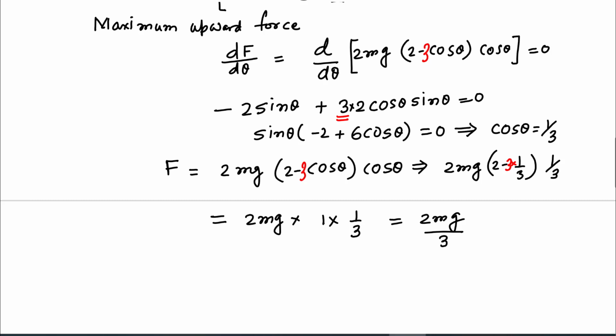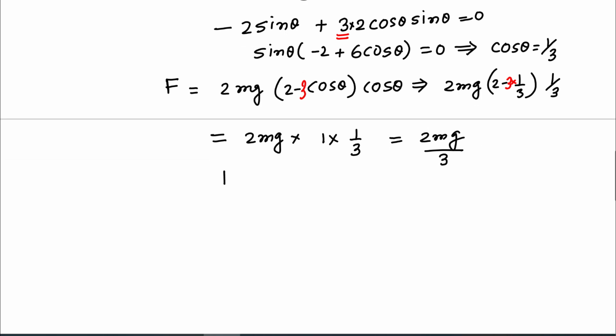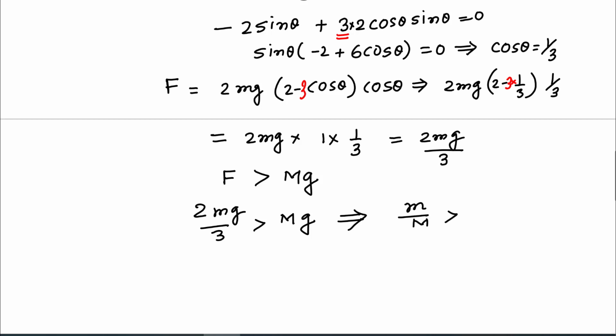Now to lift the hoop, what should we have? F should be greater than Mg, that is, the vertical force should be greater than the weight of the hoop. So we have 2mg by 3 greater than Mg. From here we can say M by m should be greater than 3 by 2.